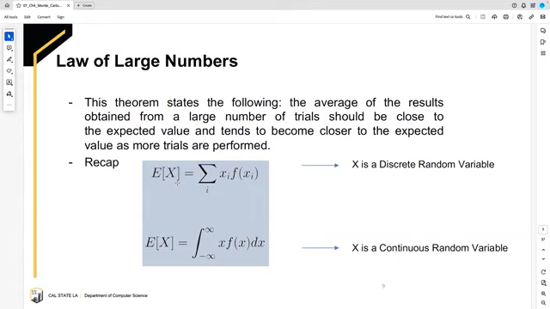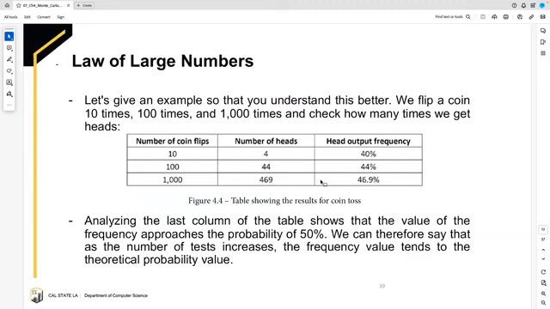Okay. We had these different definitions before. This is just a reminder. And with that, let's take a look at one simple example together to understand this better.